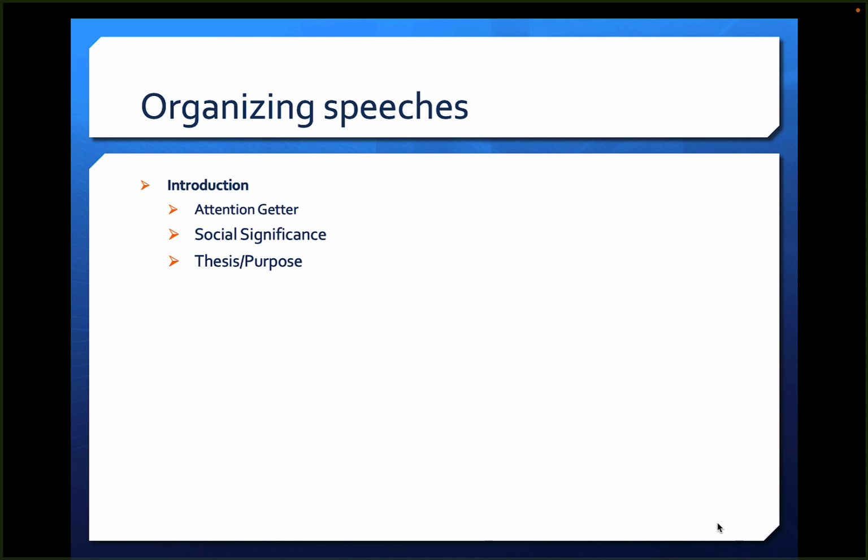This is where you're revealing the specifics of your speech for today. So let me go back. If I'm going to say something about why the federal government should invest more money in public health concerns, I might do the social significance according to the CDC after the numbers have been crunched during the COVID crisis and lockdown: 1 out of every 5 young adults from 15 to 25 contracted this.